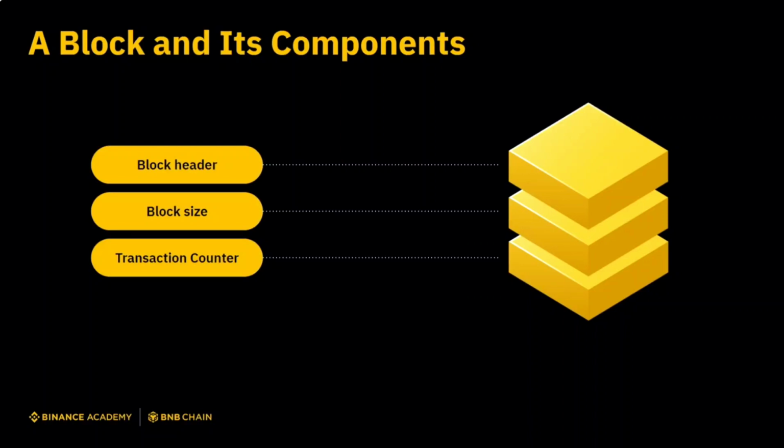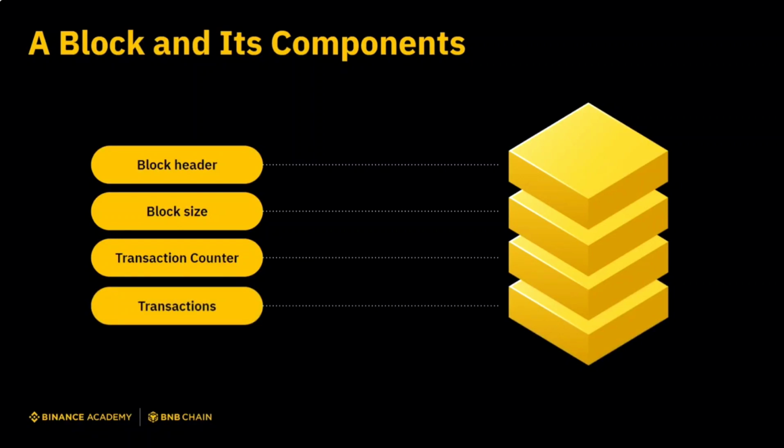This feature provides an efficient way to identify the exact number of transactions present in a specific block. Finally, we come to the transactions themselves. This is the actual list of transactions that are included in the block. Each transaction represents a transfer of assets, information, or any other relevant data within the blockchain network.